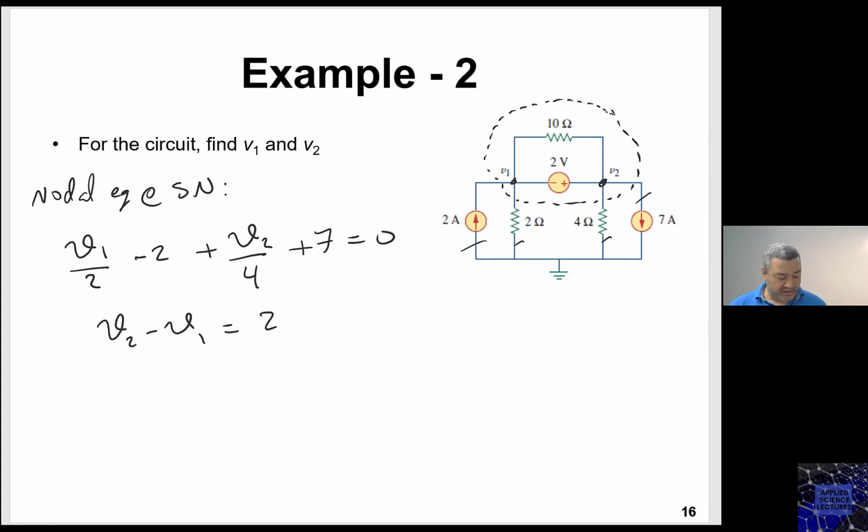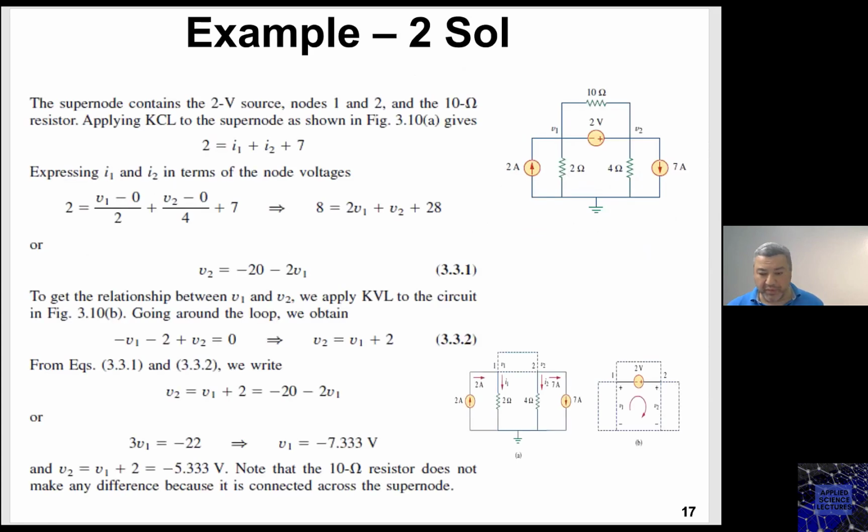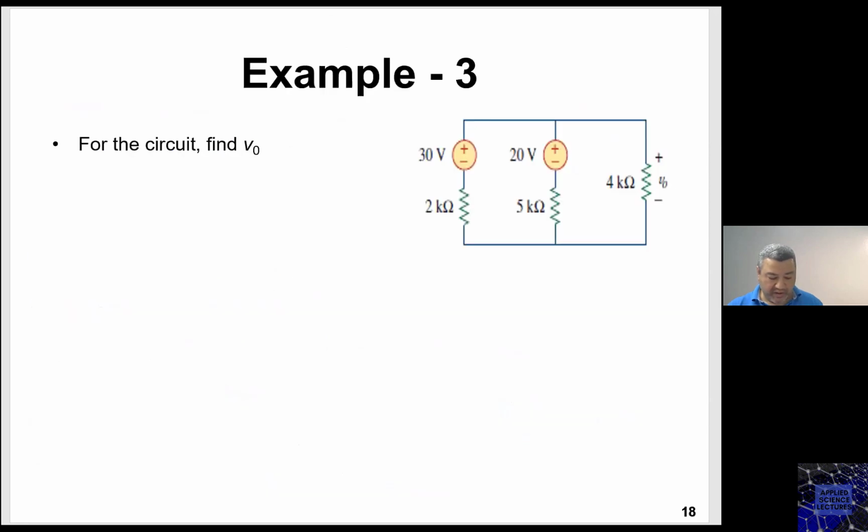So this is done. See, in 1 minute, we wrote the nodal equations, in 2 minutes, to be honest with you. This is the detailed solution. Here is another question. Maybe I'll leave that to you. This one, the reference is not given to you.